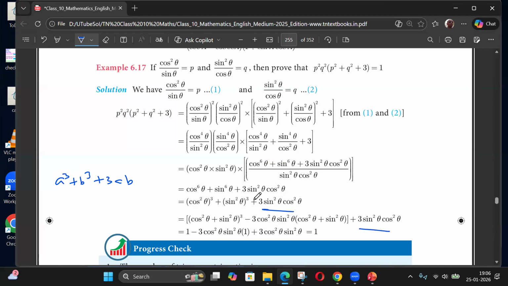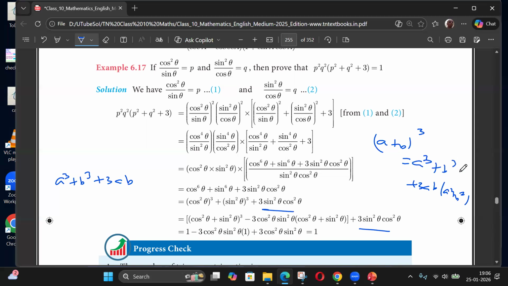They used a different identity. You can write a plus b whole cube as a cube plus b cube plus 3ab times a plus b. Is that correct? That's what they have done. So they use this one for a cube plus b cube.